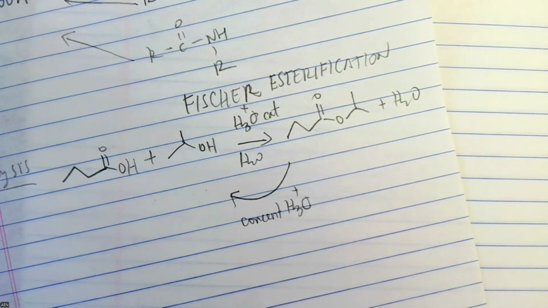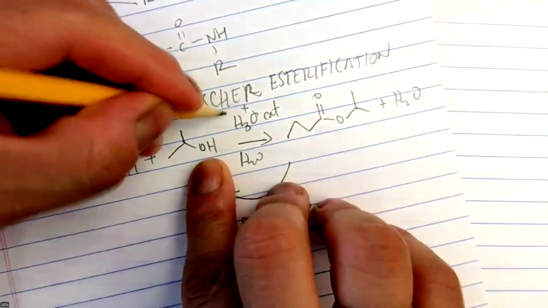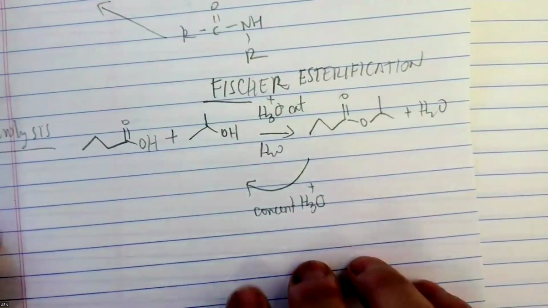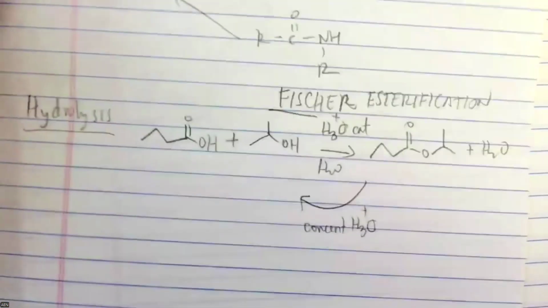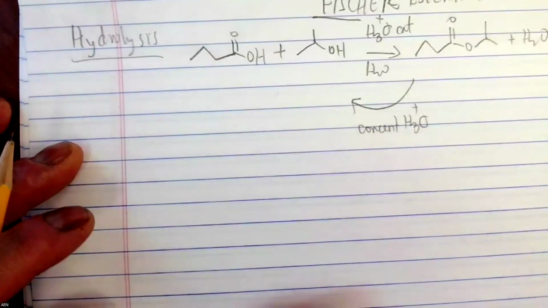Is the name Fischer with CH, or Fischer as in fish? Okay, it's correct: it's Fischer with SC. This is the correct spelling. Okay, Fischer esterification. And this is the only mechanism that we're going to do.